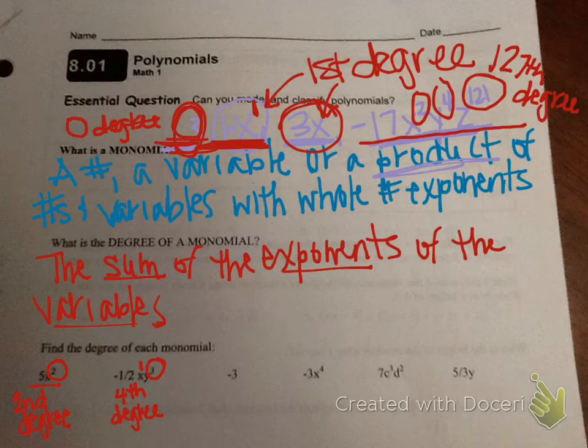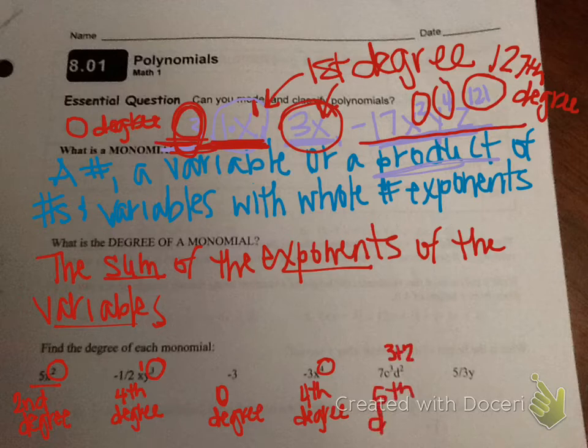The 3 has no variable and no exponent, so it's a degree of 0. This one has a variable with 1 exponent, which is 4th degree. The next one is a 3rd power and a 2nd power, so that's a 5th degree.